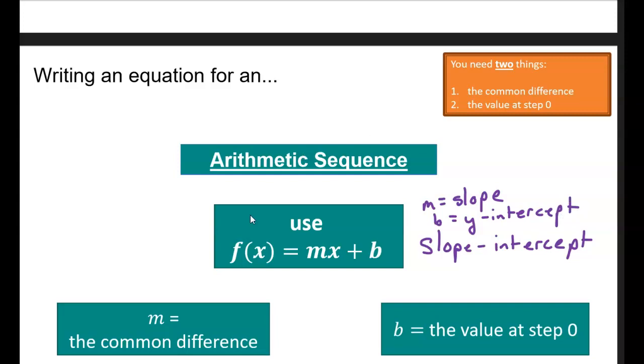So we can use this format right here, f of x equals mx plus b, where m is the common difference. Remember, this is the number that it was going up or down each time, each step, and b is the value at step 0.